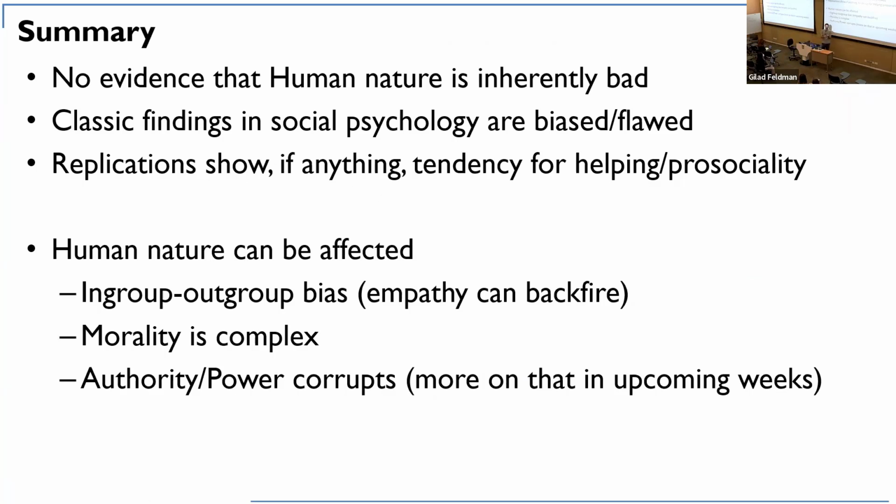So lost wallets plus the CCTV footage shows that we have in us the capacity to do good and help one another, especially in times of crisis, especially when putting us in danger and there's real need from the other side. However, human nature, and we'll show this in the following weeks, can be affected by in-group, out-group bias. Morality is very complex, so we'll discuss how to determine what morality is. Authority power seems to corrupt.